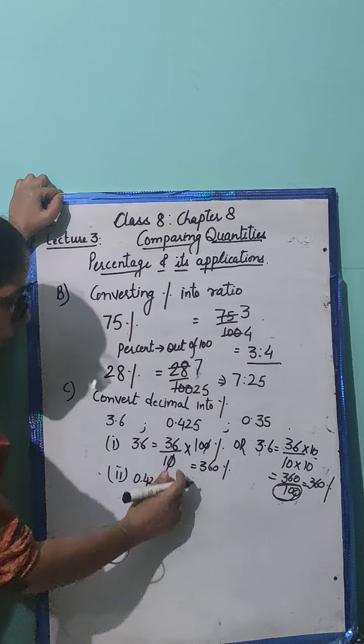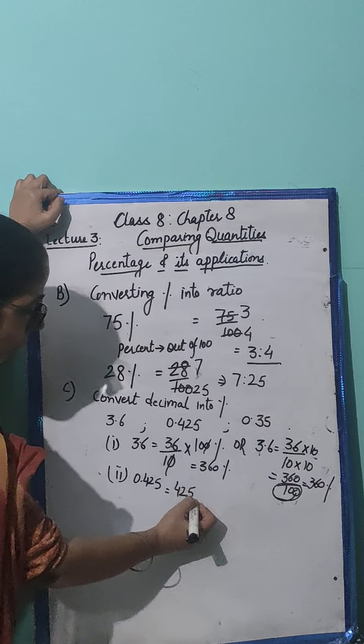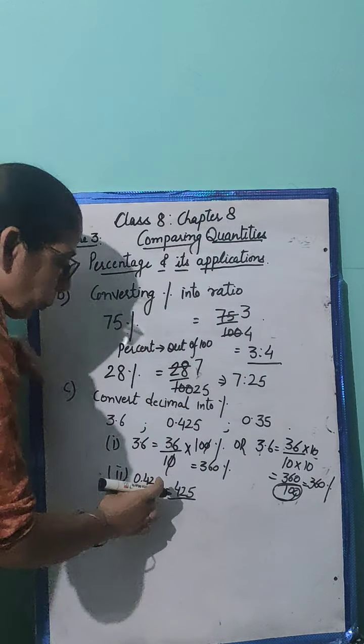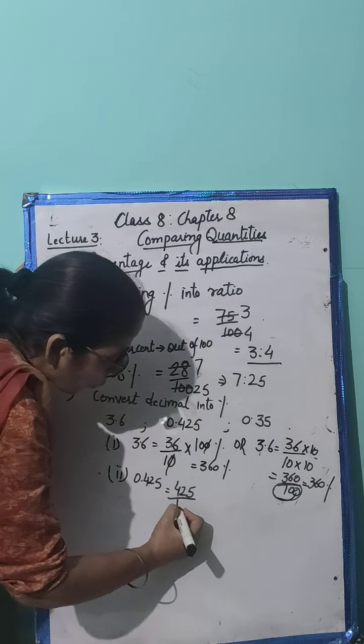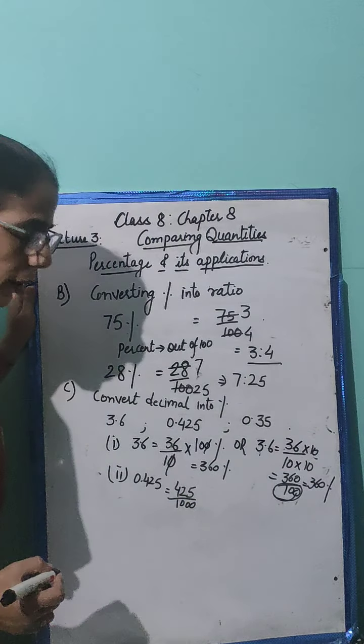0.425. In the same steps, if it is 0.425, how should I write it? 0.425 means after the point how many digits are there? 3 digits. So 425 upon 1000, and I want to make it percent.